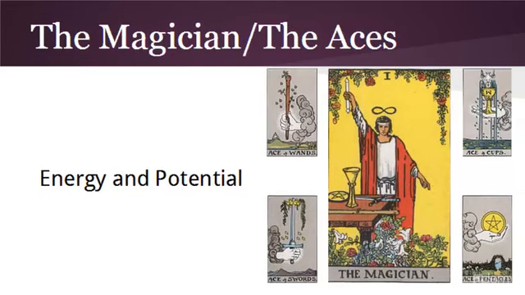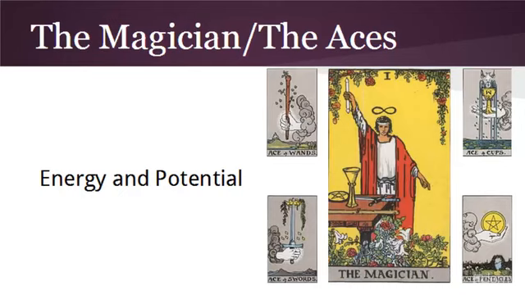So first we have the Magician, which is all about potential and awareness and energy. And with the Magician, he literally has the 4 suits on his table from the Fool's knapsack. You have the wand, the cup, the sword, and the pentacle. And this is all about awareness.